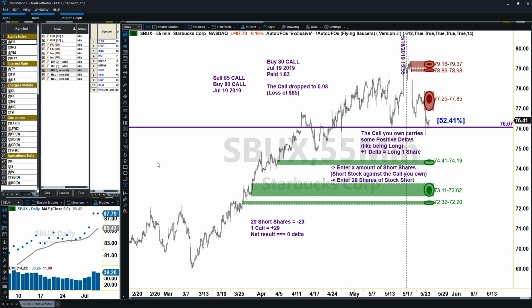So the goal of neutralizing, that net result of making it 0, is that neutralizing is just the beginning. Neutralizing is just the beginning.